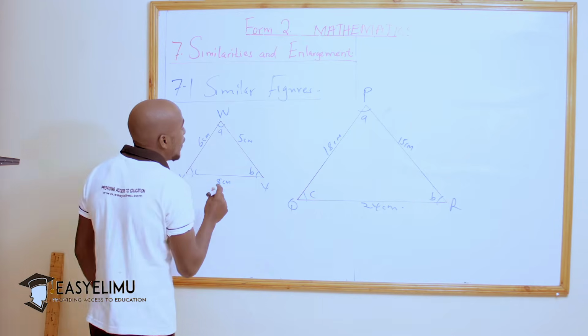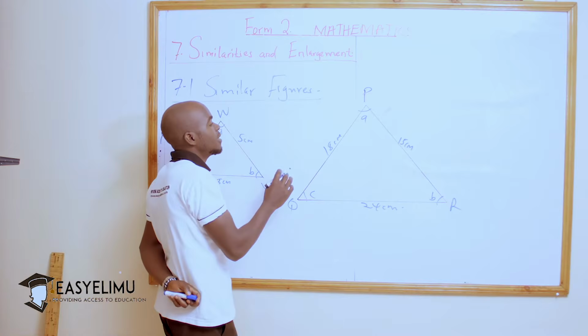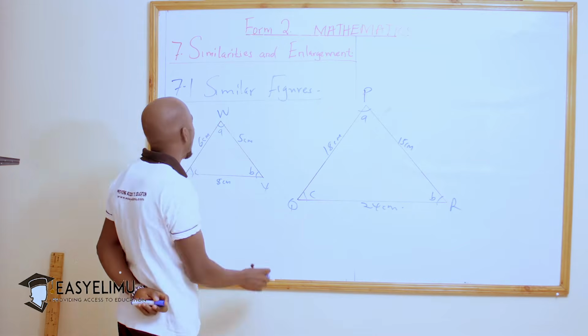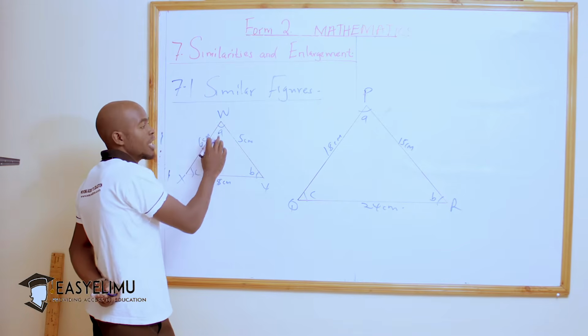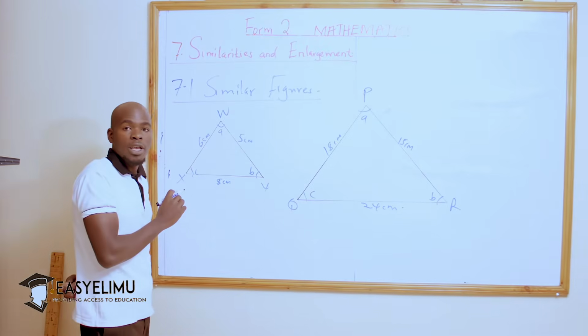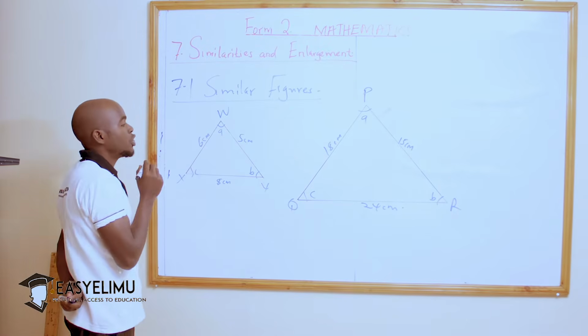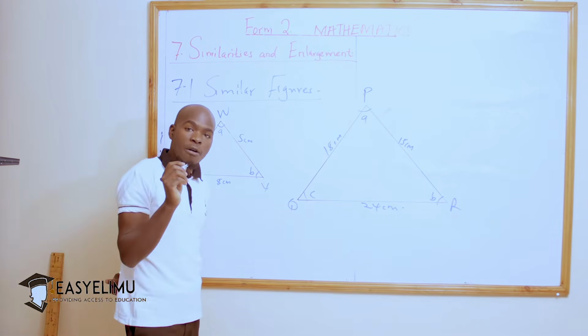For our case, since the first rule is fulfilled in that the corresponding angles of the triangles are equal, what we should do is find the scale factor.